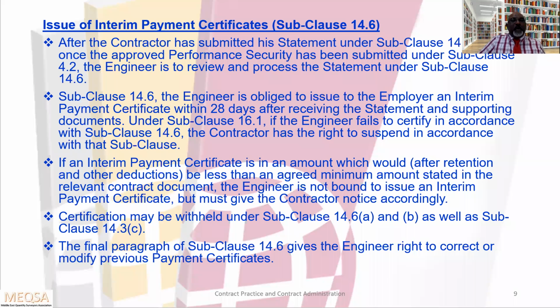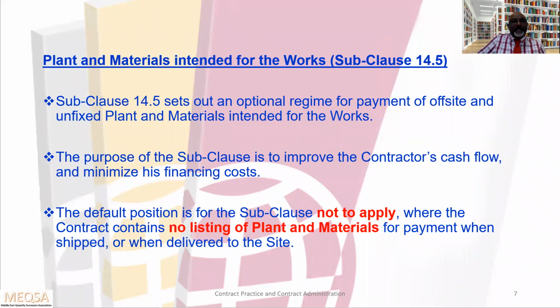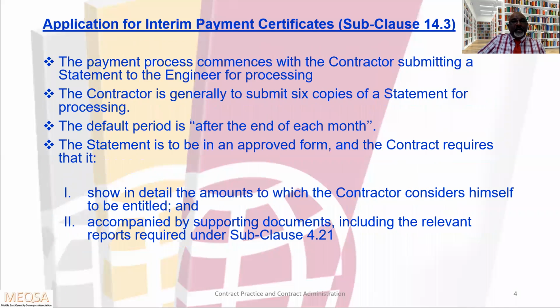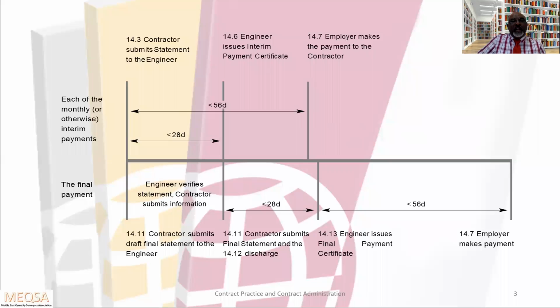Subclause 14.6. The engineer is obliged to issue to the employer an interim payment certificate within 28 days after receiving the statement and supporting documents under subclause 16.1. We'll go back to that diagram. This is the timeline they have given. The contractor submits the statement to the engineer, and from that the time will commence.